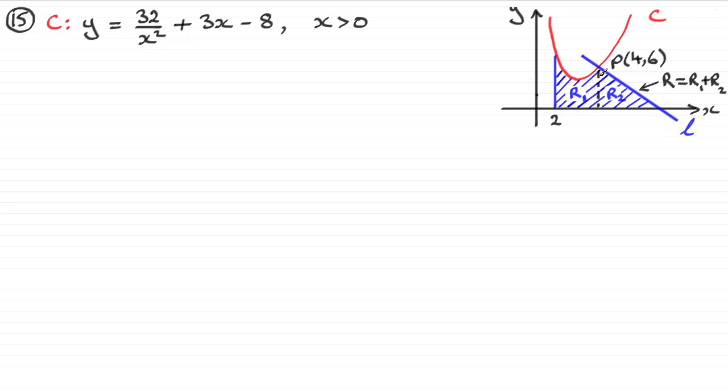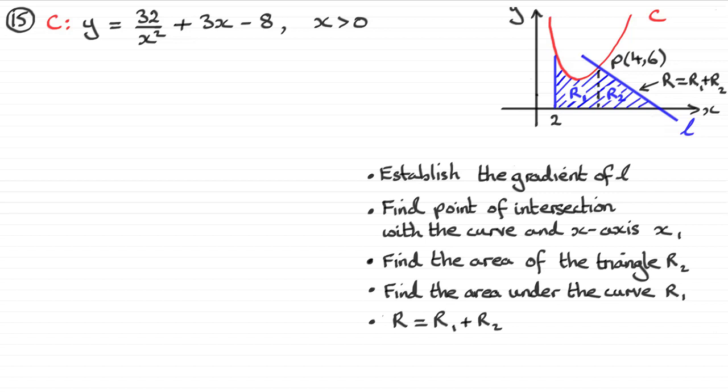And you'll notice I've divided it up into two parts, R1 and R2, because in order to find that area R, I'm going to work out those two separate areas. Now, as I say, it's quite a long question. I'm just going to tell you the method that I'm going to use as we work through this, so you can get an idea of where I'm going with this.